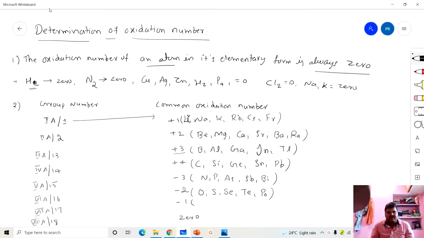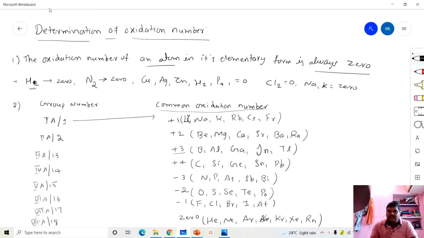Seventh A: fluorine, chlorine, bromine, iodine, astatine. Next, zero group or 18th group or 8th A: helium, neon, argon, krypton, xenon, radon. So I am giving these groups' common oxidation numbers. Is it clear?